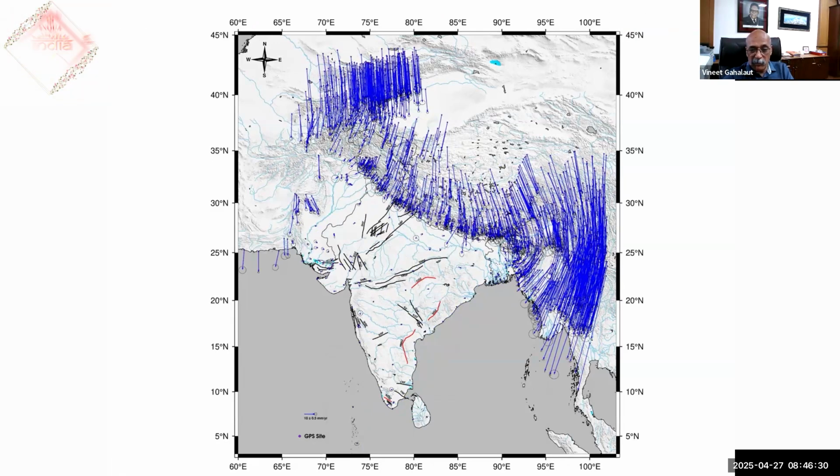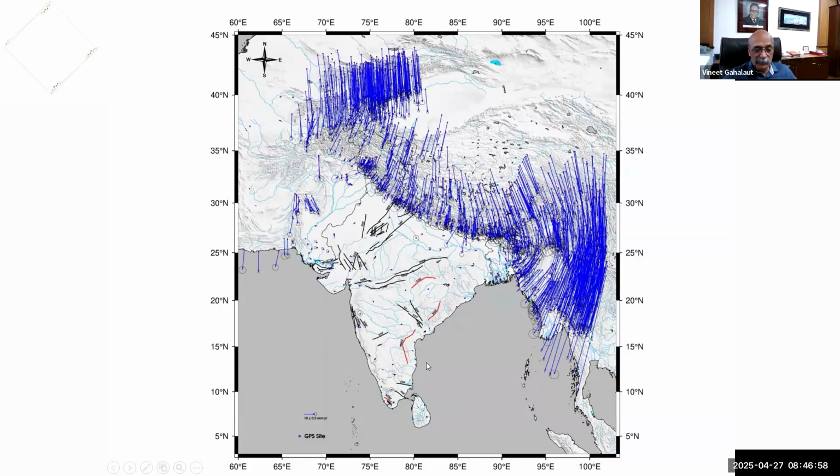Remember that these are spherical plates, and there is something called Euler pole of rotation. So all these plates are rotating. So you try to remove that rotational component from the plate motion, and then you look at the residual motion. So now here is the residual motion. Now this is a scale. This much is about 10 millimeter per year, and you see that all these sites are not showing any motion here.